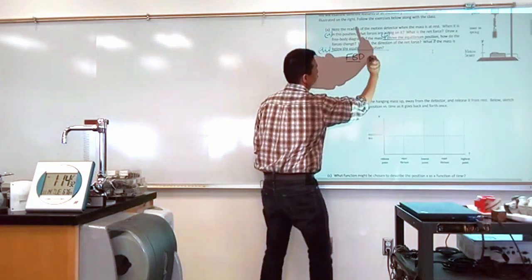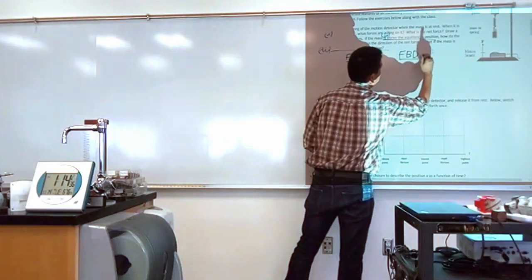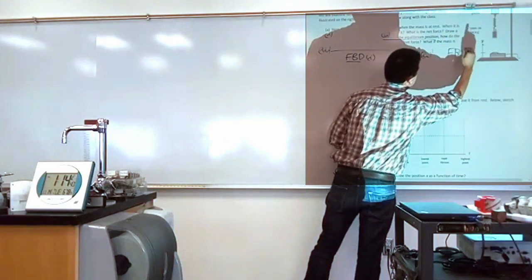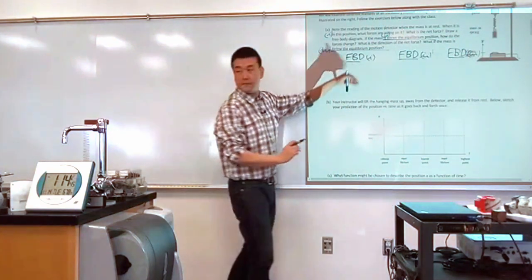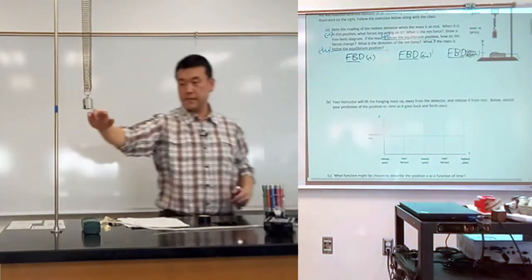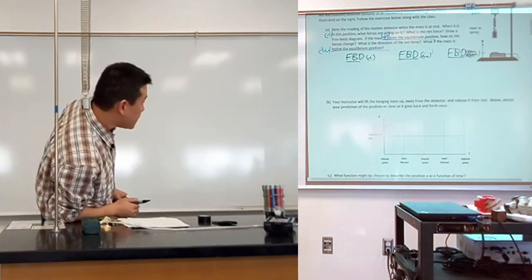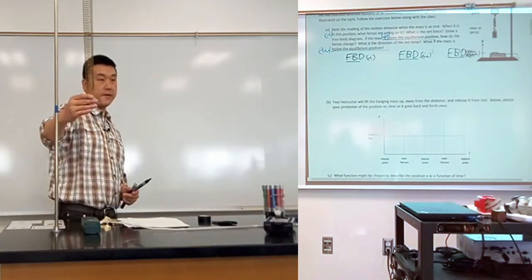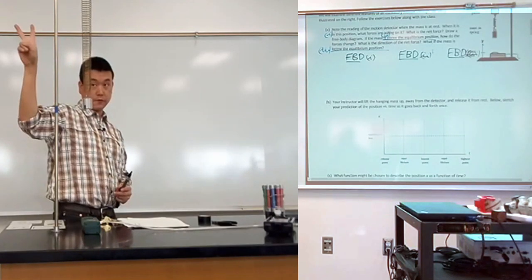Let's draw a free body diagram for each of these 3 cases as we go through and answer the questions that they are asking. So when the mass is here at the equilibrium position, what are the forces acting on this mass? Gravity and spring force.